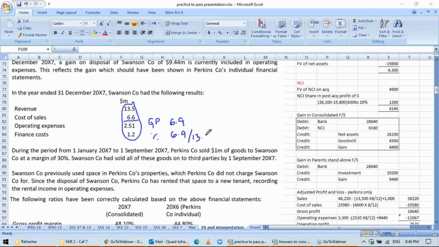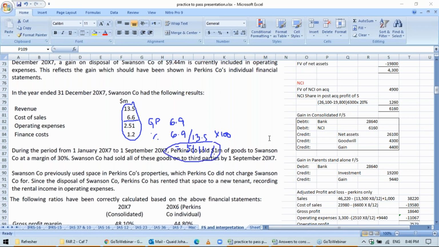So this Swanson company's gross profit margin is more than 50%. Agreed or not? The gross profit margin is around 51.1%. You can check: 6.9 divided by 13.5, so it is 51.11%.